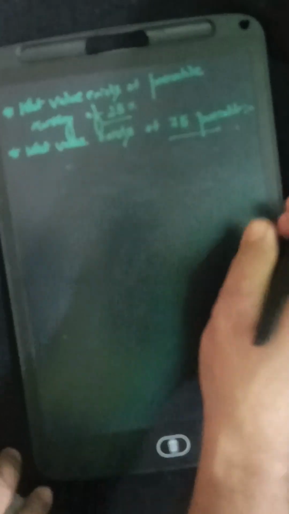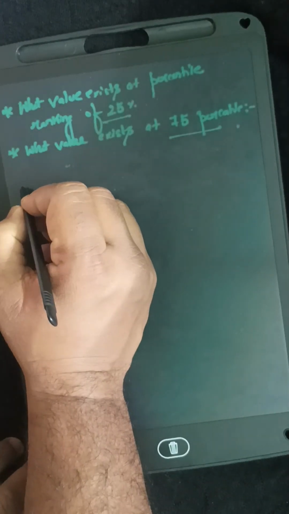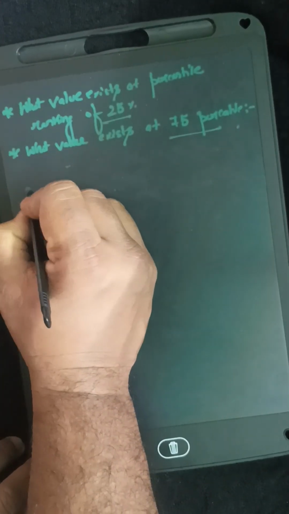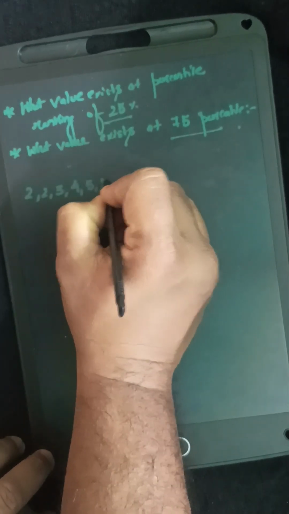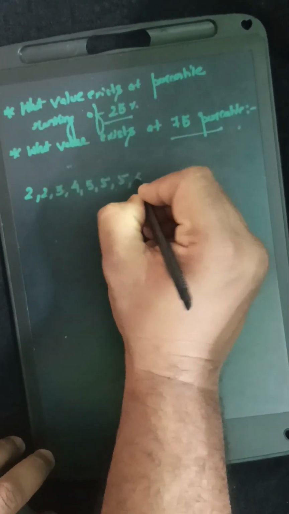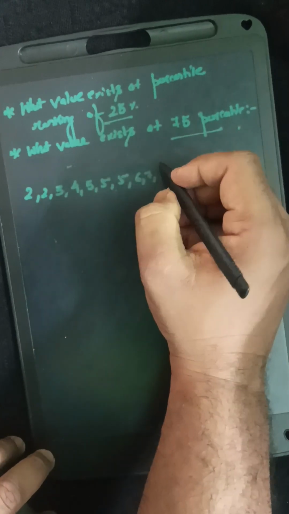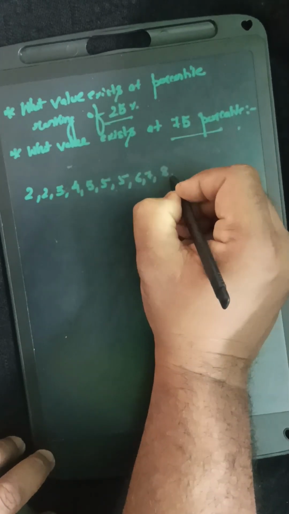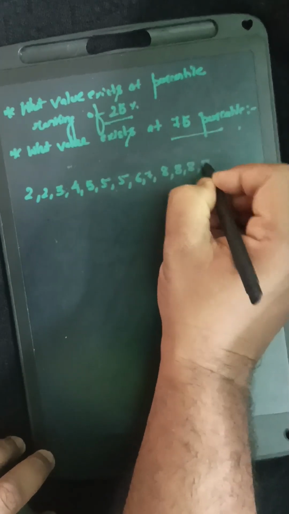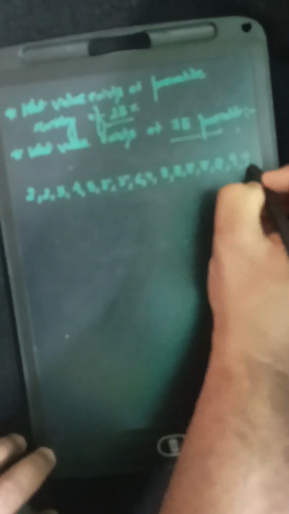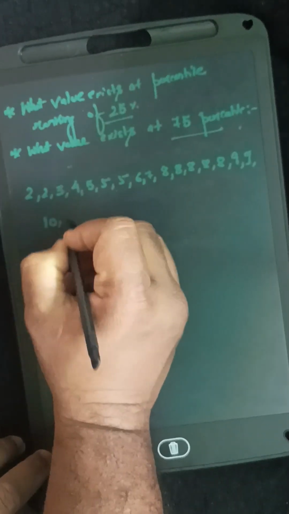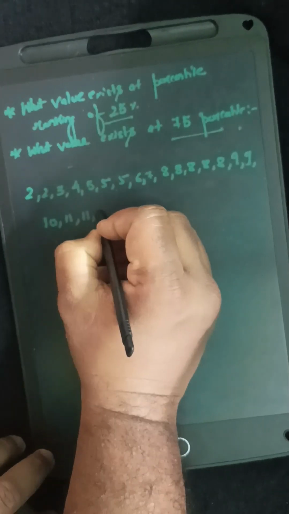How should we find out? For this we do require our data set. So I am rewriting it because I have deleted it previously. So 2 2 3 4 5 5 5 6 7, and then we have 8 8 8 8 and 8, that is 5 times 8, and then 9 comma 9 and 10 11 11, and then it's 12.